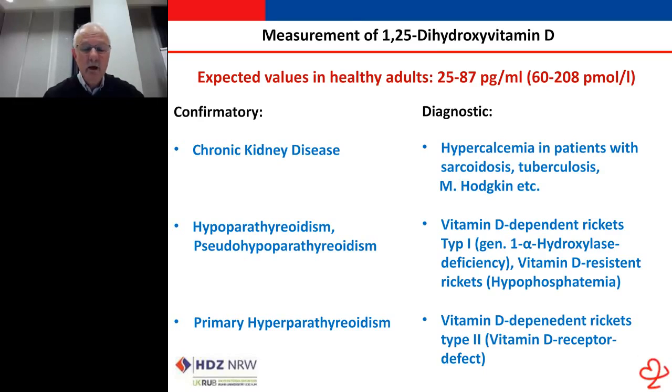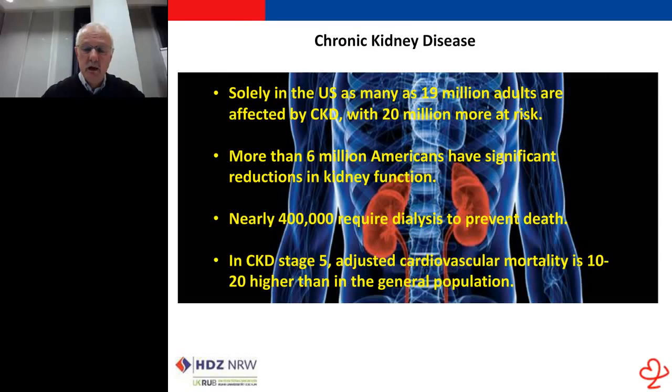But these types of vitamin D-dependent rickets are very rarely seen in the clinical setting, and they are not the same as nutritional vitamin D rickets. But it's important to use the test to differentiate these different forms of vitamin D-dependent rickets.